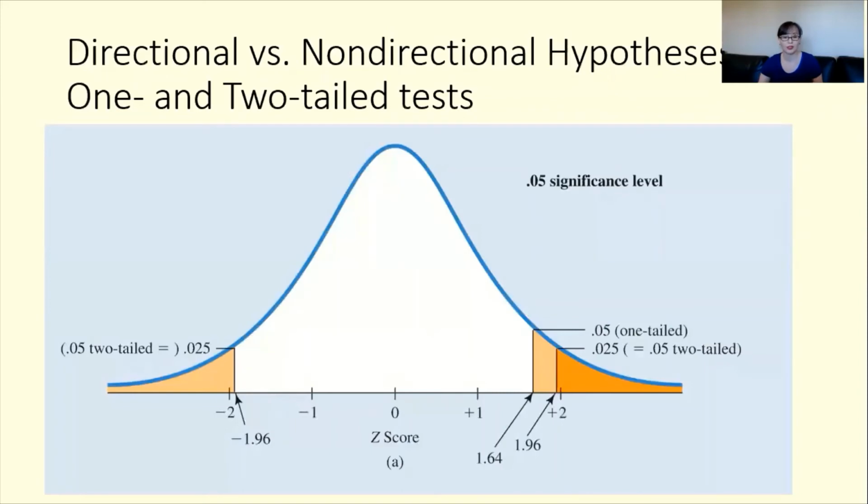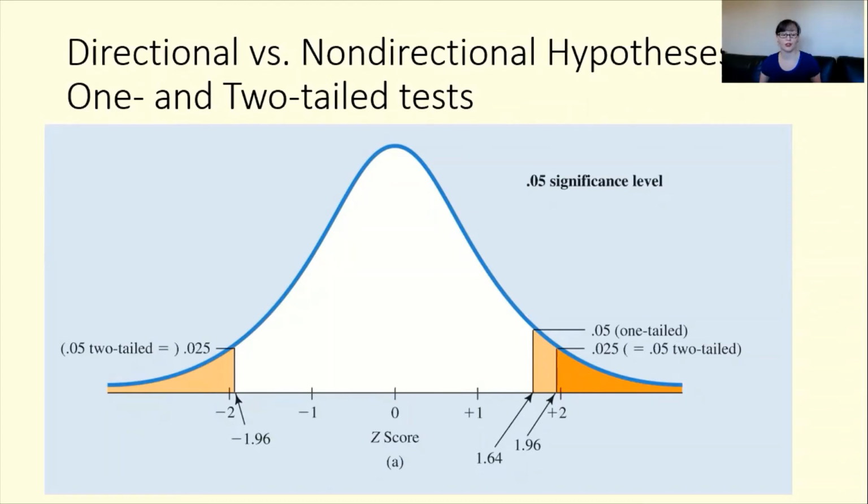And so we're going to take just a minute to think about this. Again, I mentioned that this would come back, this directional versus non-directional hypothesis. And this has to do with whether we have a one-tailed or a two-tailed test. And that's going to impact the cutoff score that we use, and how we find out what percent we use in looking up our z-score on our z-table.